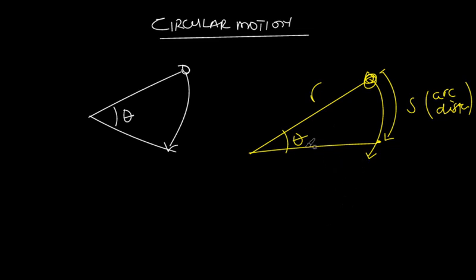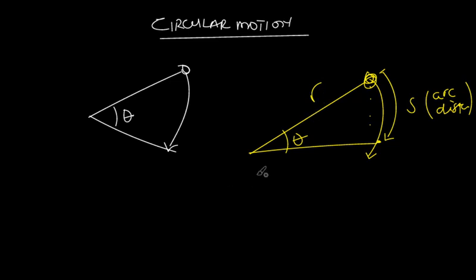Now we can see from here, if we consider this as a right angle triangle, we have a distance opposite the angle, and then we have the hypotenuse. So which of the trig functions can give us opposite and the hypotenuse?